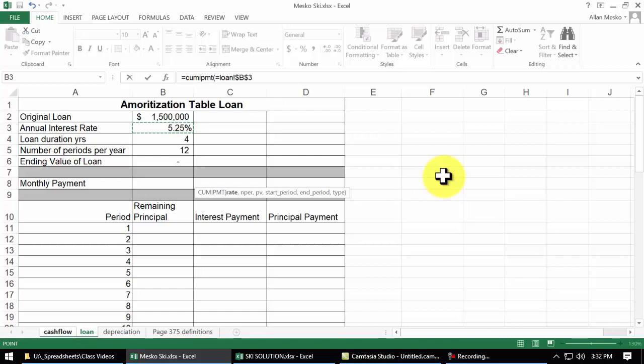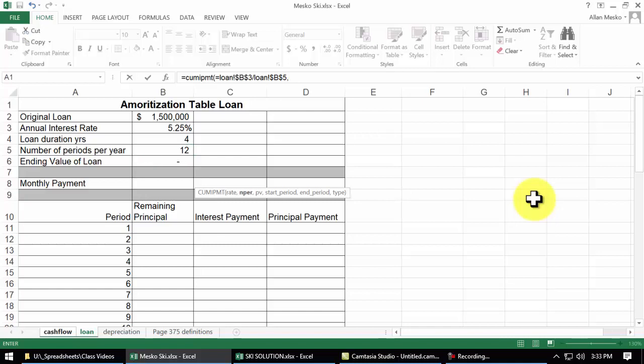Now I type a comma. Actually, that's the interest rate per year, isn't it? I want the interest rate per period. So I have to divide that by 12, but I'm going to go ahead and make this the 12 because I might change that later and I won't have to rekey it. And that's going to be absolute.